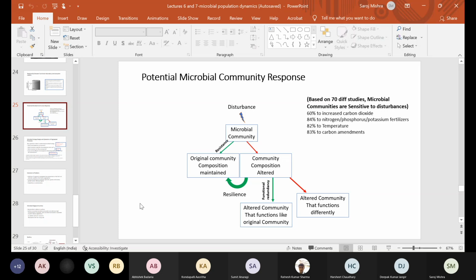For example, the soils can be taken from a particular area, or you could do it as a field experiment over a large piece of land. There is some microbial community which you are trying to study, and in that experimental phase, you can introduce, for example, a pH change, and then after 7 days, 15, 20 days or whatever, you can see what the microbial community response is. So a lot of people have generated data like that.